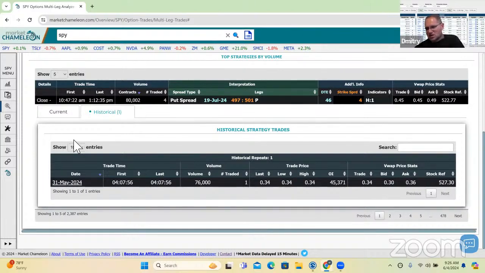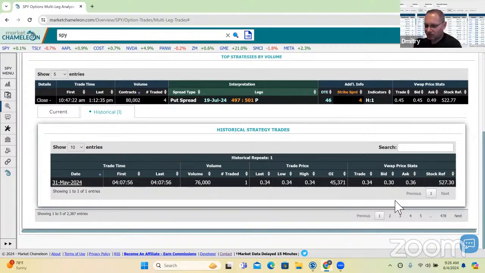Just eyeballing this and looking at the prices, what may have happened, without further analysis, is that at 4:07:56, I guess in SPY it's not after hours, but after 4 o'clock on May 31st, with the stock at 527.30, it looks like somebody came in and bought this spread because it's closer to the dealer's offer.